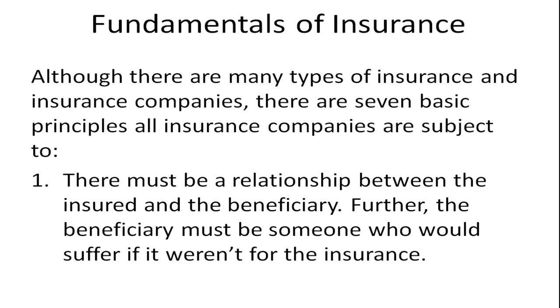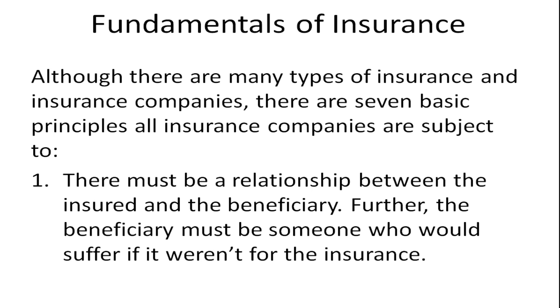In terms of insurance, there are certain fundamentals of insurance. There are a lot of different types of insurance, but there are 7 basic principles that all insurance companies are subject to. First, there must be a relationship between the insured and the beneficiary. And also, the beneficiary must be someone who would suffer if it weren't for the insurance.